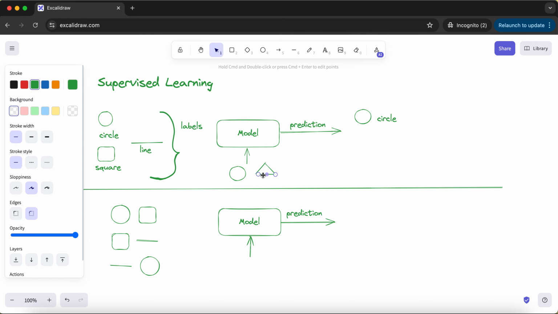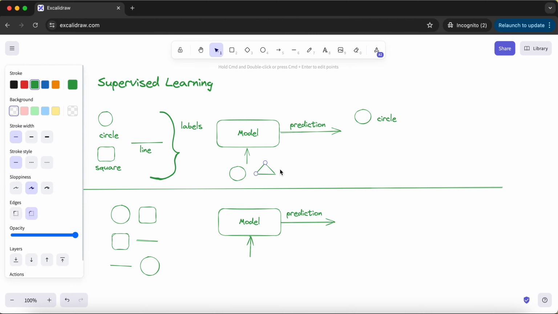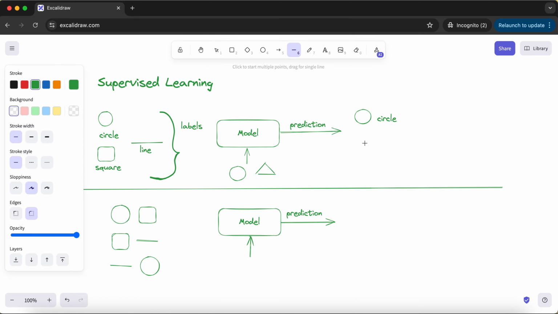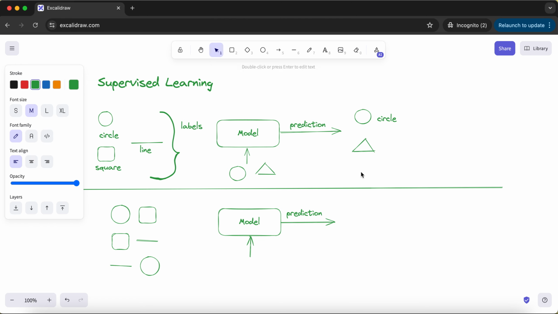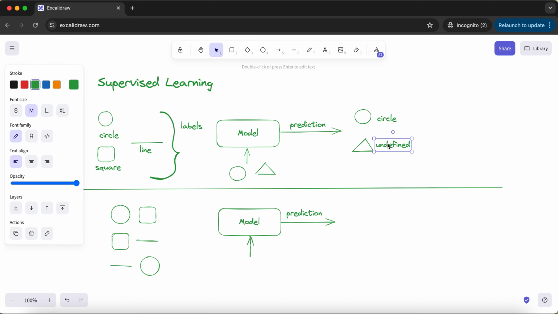So in that case it will not be able to tell that this is a triangle, and this is where the model will give you some kind of, I'll not say it will give you an error, but it might give you something such as undefined or something like that, because the model doesn't know this particular shape.